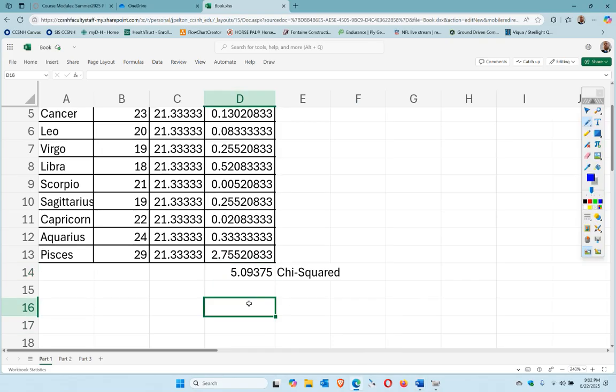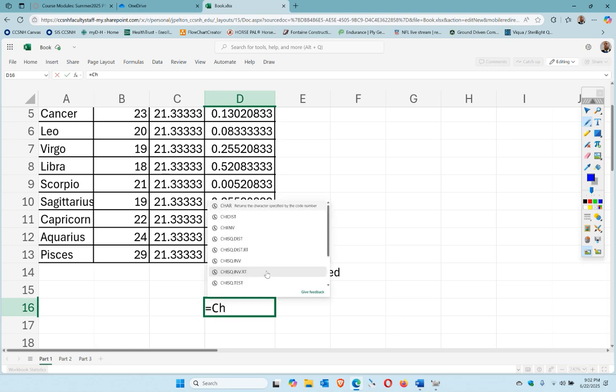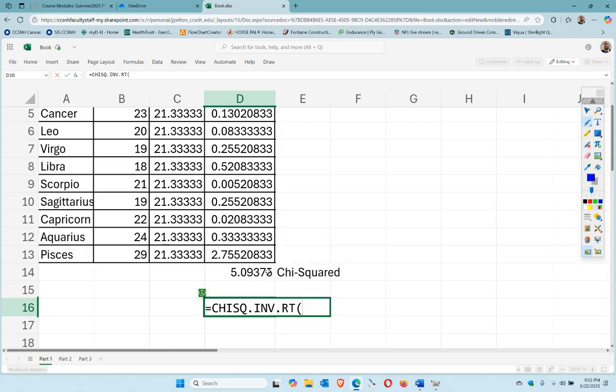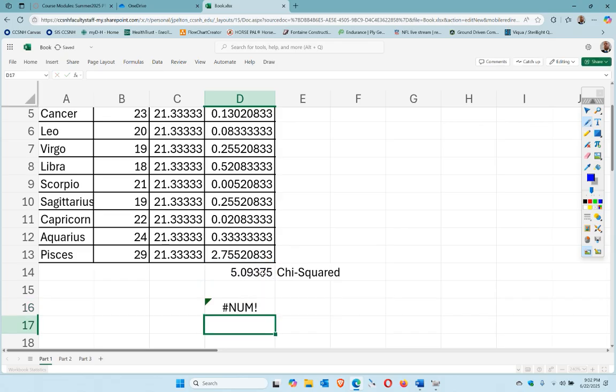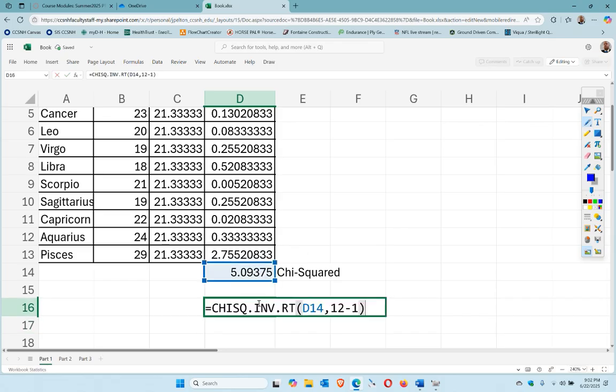Alright, so now we're going to the area, basically. So chi-squared right tail. Okay, so we're going to put this in, comma, 12 minus 1. There we go. Oh, what did I do wrong there?